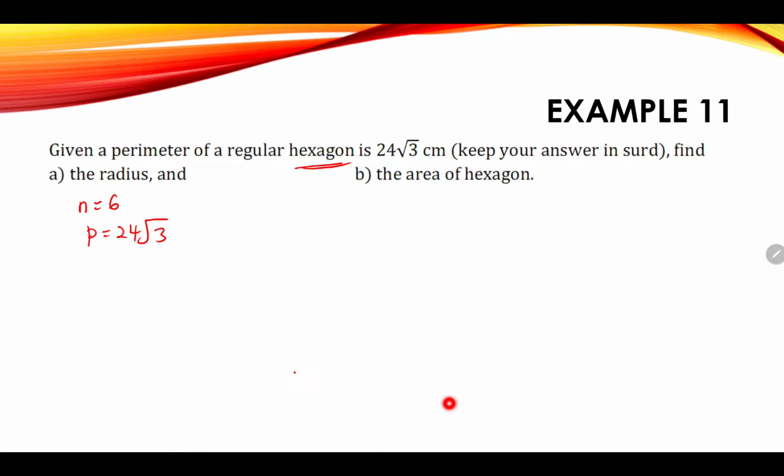So boleh cari radius tak? Boleh. Guna formula P equals NS. Okay. So our P is 24 root 3 equals 6S. Okay, so S sama dengan 24 root 3 bahagi 6. So ini jadi 4 root 3.